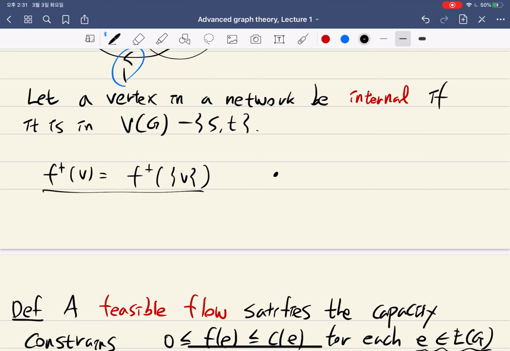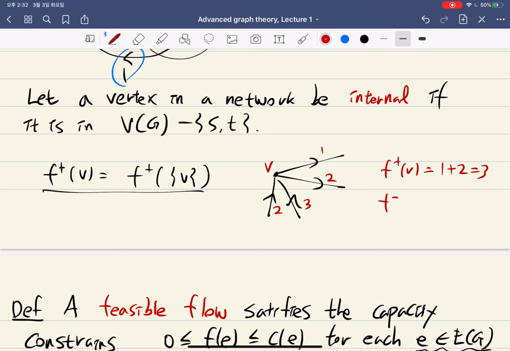So you consider all the entering edges and exiting edges. And if this is 1, 2, 3, and this is a 2, then f plus v is you add all the capacity, all the flow values of the edges exiting. And for f minus, you add all the values of the edges which are entering v.